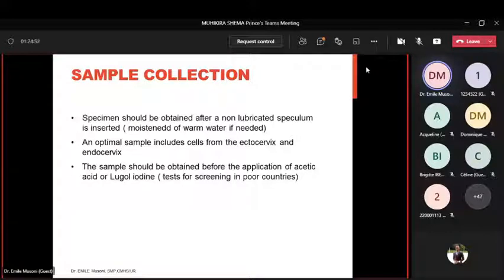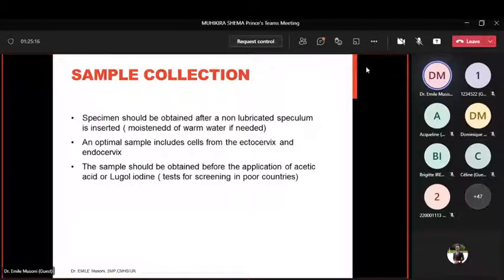And this acetic acid must be 3 to 5%. If you don't use 3 to 4%, you will burn the cervix, and you will be in court. It is where the lawyer will call you for malpractice.